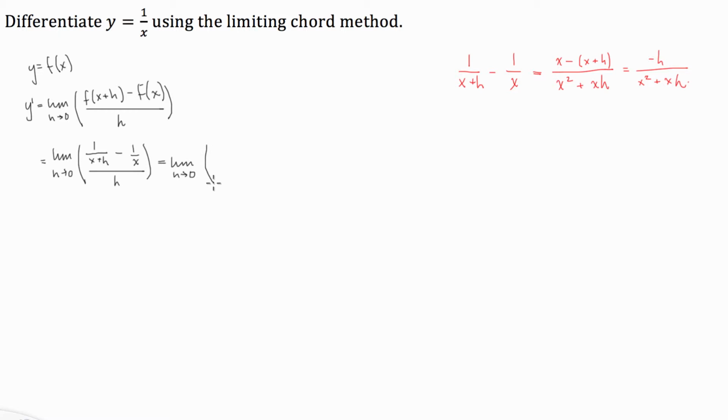So we'll put that into our function. We have negative h divided by x squared plus xh. Now, all of this is divided by h as well.